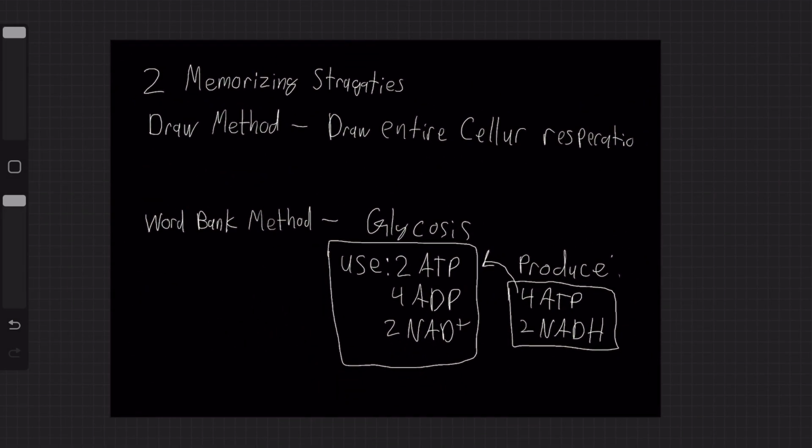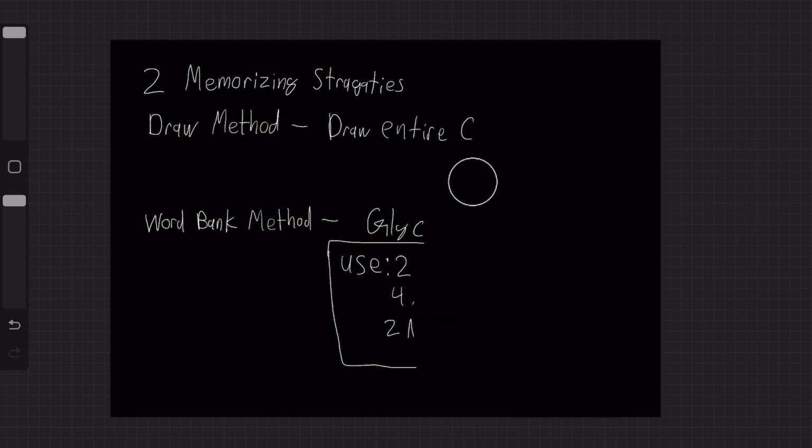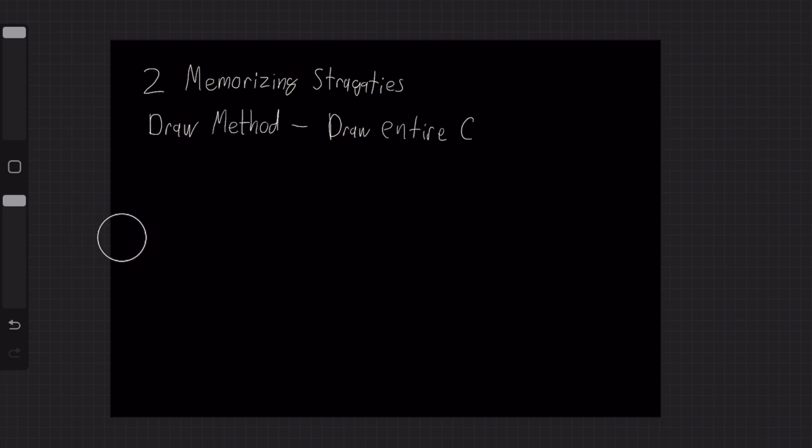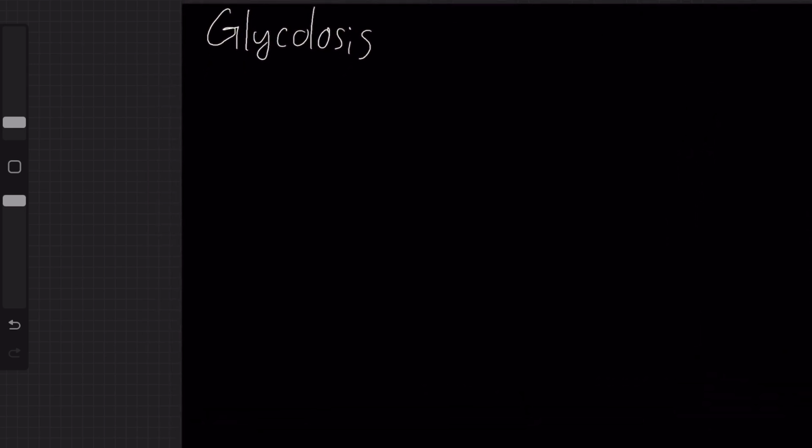So we can go ahead and start talking about cellular respiration now that I'm done talking about the memorizing strategies. The first step in cellular respiration is glycolysis. So we'll do glycolysis. Now it all starts with a glucose molecule outside of the cellular membrane.